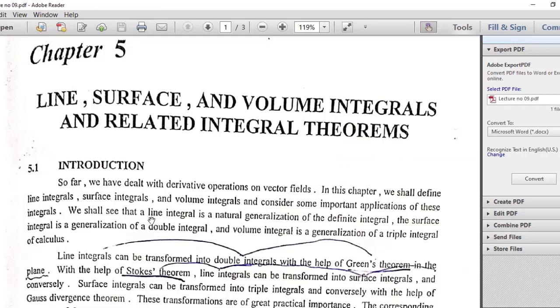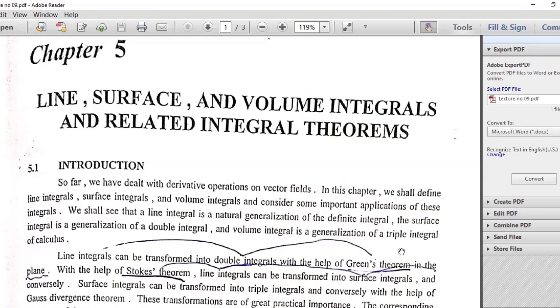We shall see that a line integral is a natural generalization of the definite integral. The surface integral is a generalization of a double integral. A volume integral is a generalization of the triple integral of calculus.